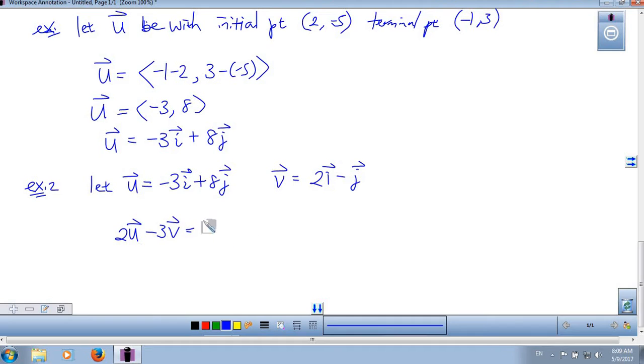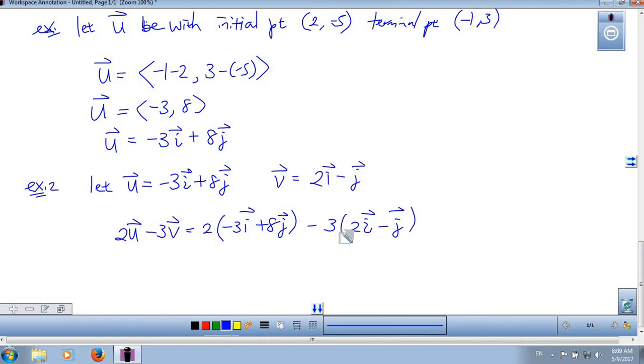So how do I find 2u? Well, basically you take 2 times this, so it becomes 2 times -3i plus 8j minus 3 times 2i minus j.